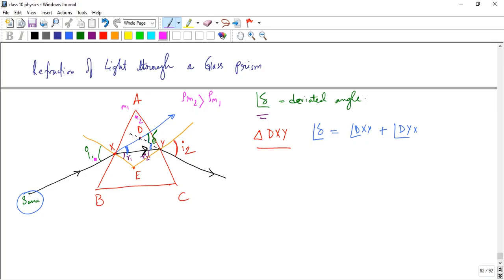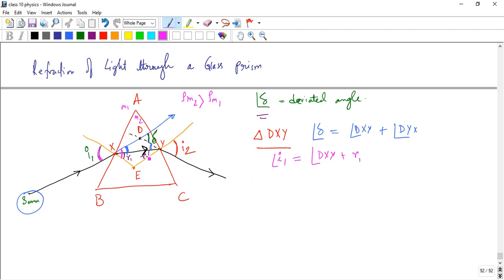Now you see that this incident ray and that normal cut, so that angle and that angle are vertically opposite angles. So I1 is vertically opposite of angle DXY plus R1.